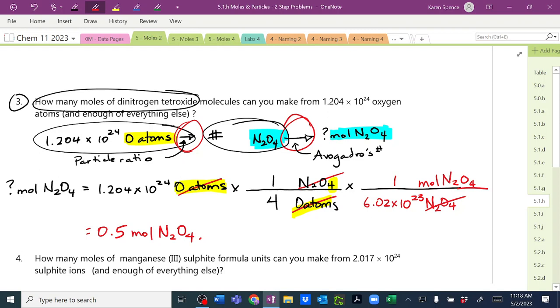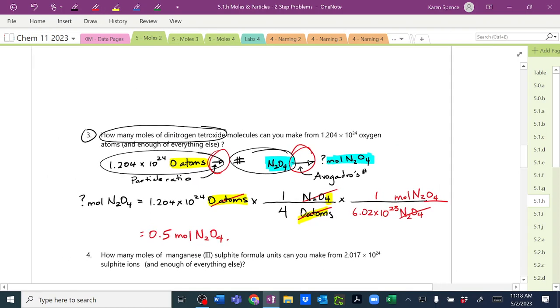How are we feeling about that? There are always going to be 2 steps. In this worksheet, one of them is going to be the particle ratio, and one of them is going to be Avogadro's number.